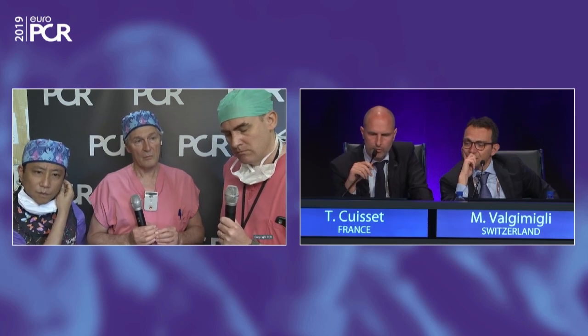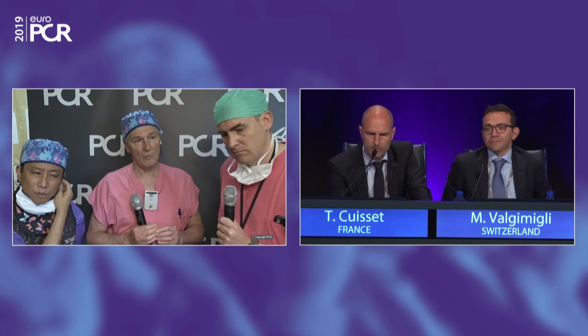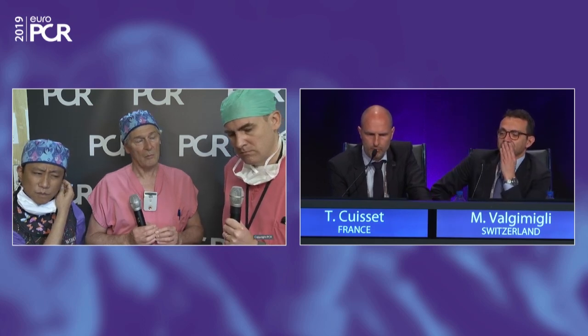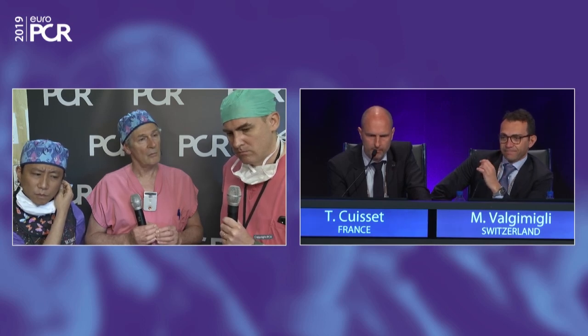And Thierry, Thomas, coming back to the main topic of the session, it was a great illustration that in high bleeding risk patient, when we will stop the DAPT earlier, we need really to optimize the result. But just also a question from the room about the choice of device in this specific population. Do you think the choice of device is important in high bleeding risk patient? The stent?